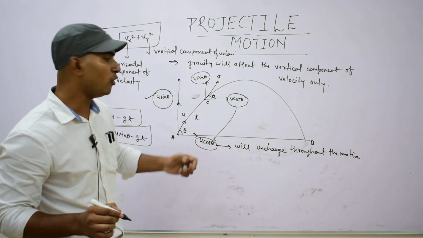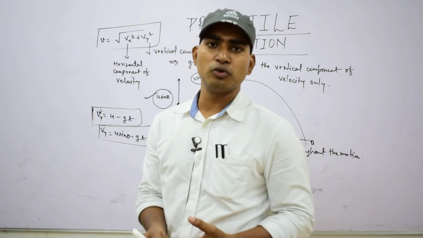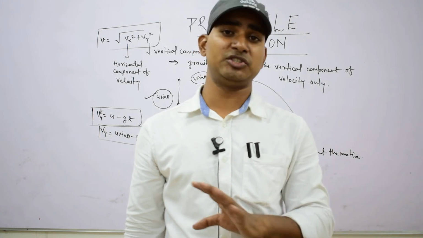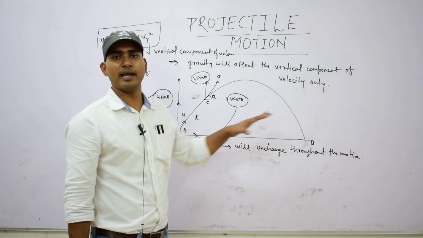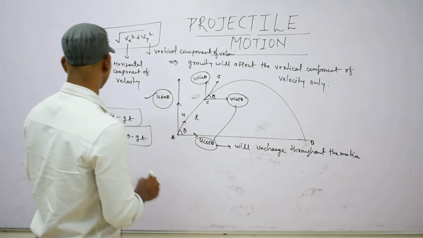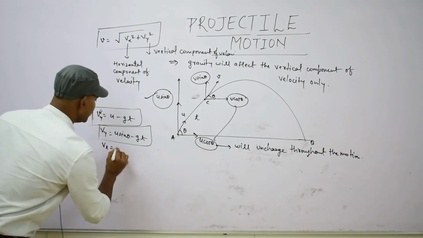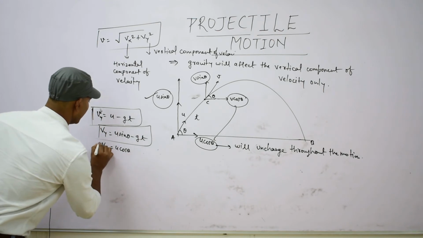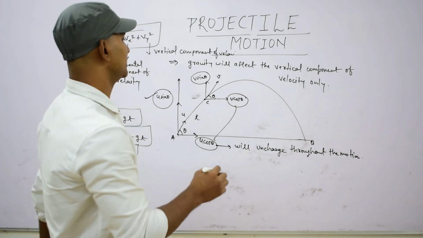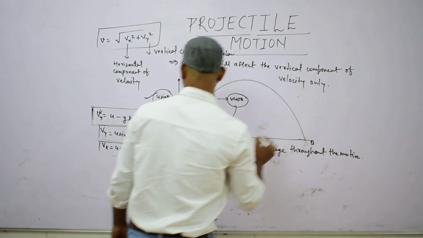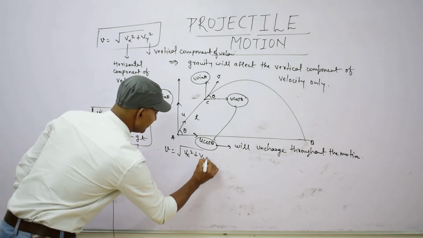Now if I am considering the horizontal component, as I have told you, the horizontal component of the velocity will never change, means it will always remain u cos theta at any point. So Vx will be equal to u cos theta for all points. Now if I need to find the total velocity at this particular point C, we will use the formula V equals under root Vx square plus Vy square.